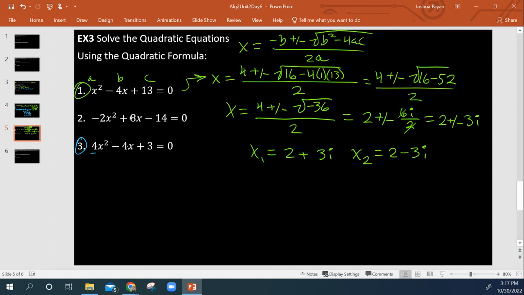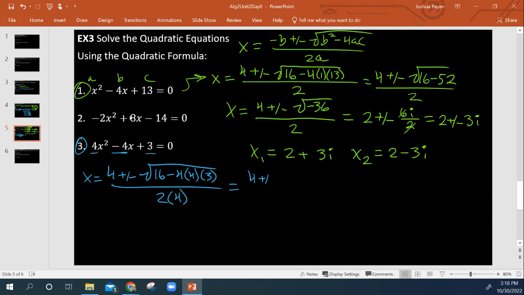Okay, so again, a, b, c, right? And of course, we see b is negative. So that means x equals negative b, so -4 is +4, plus or minus the square root of 16 again, minus 4 times a times c, all of that over 2 times a.